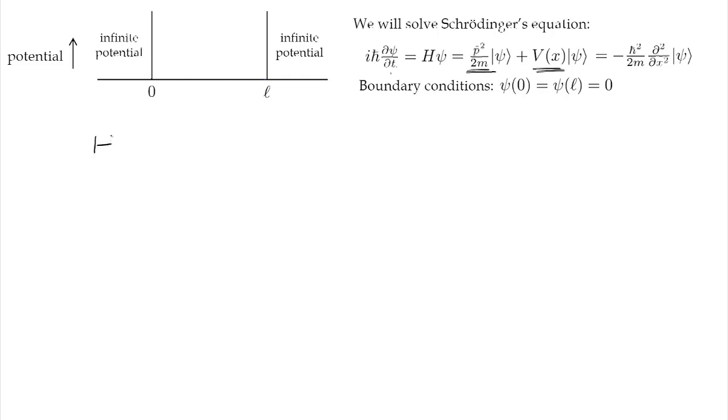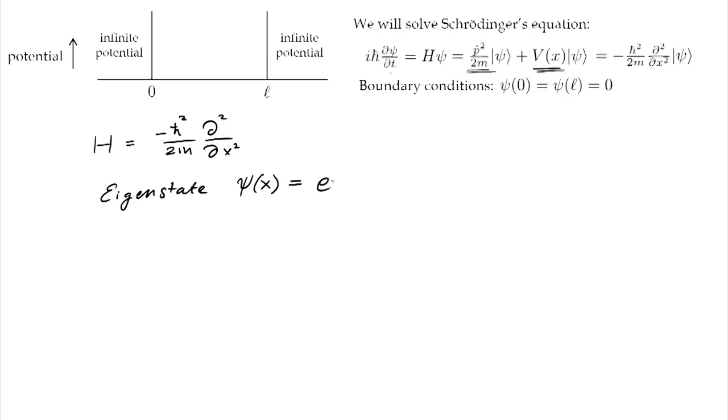So we take our Hamiltonian H, which is minus h bar squared over 2m d squared by dx squared, and we want to figure out what the eigenvectors and eigenvalues of this Hamiltonian are. Let's figure out what an eigenstate of this operator is. Just by looking at the structure, we're going to guess that the eigenstate is of the form e to the i kx.